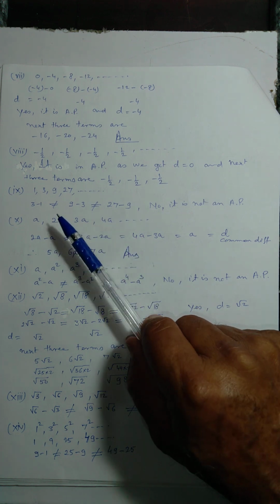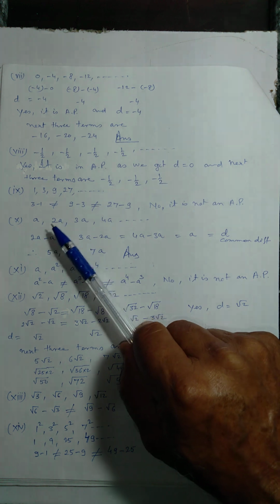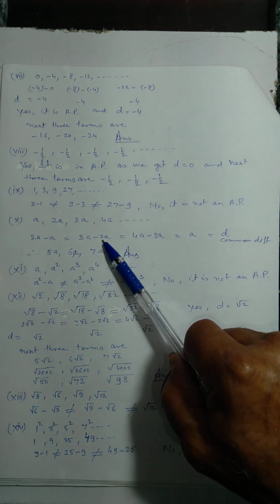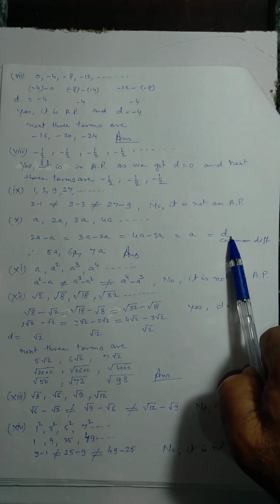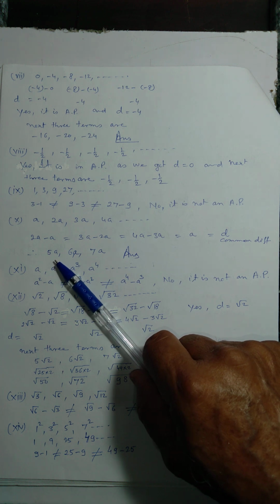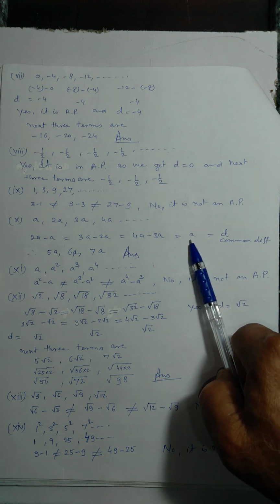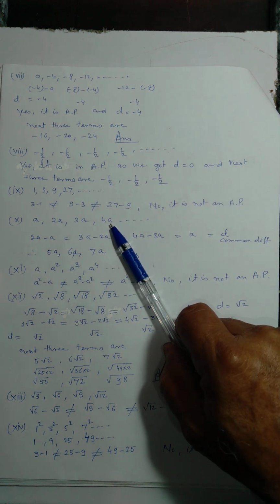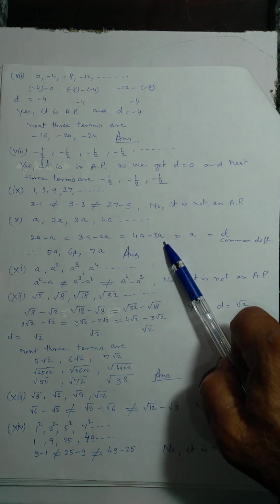You subtract the preceding term from the succeeding term, that is 2A minus A, which is equal to 3A minus 2A, which is equal to 4A minus 3A, that is equal to A, the common difference D. So for the next 3 terms, you keep on adding A to the preceding terms, and you will get the succeeding terms, that is 5A, 6A, 7A, and so on.